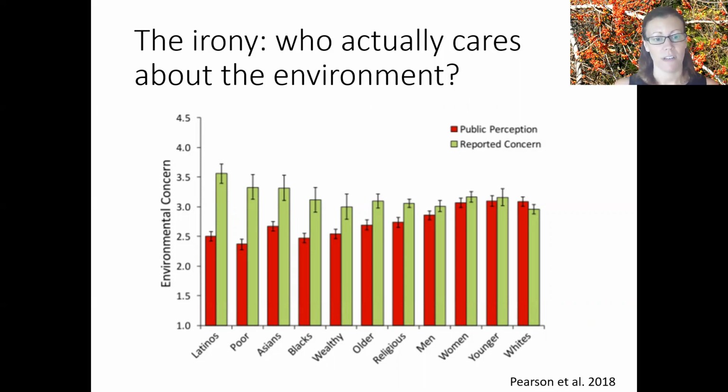You've got Latinos, you've got Asians, you've got Blacks, all there on the left side of this graph, which means that those groups care, in fact, in many cases more so than the folks that we think care, the young white women, I guess, on the right side of the graph. So Latinos, Asians, Blacks care more, but we think that they don't care at all. Or care a lot less about the environment.